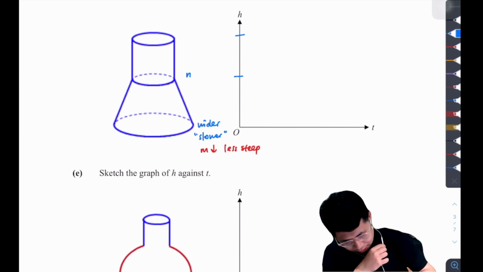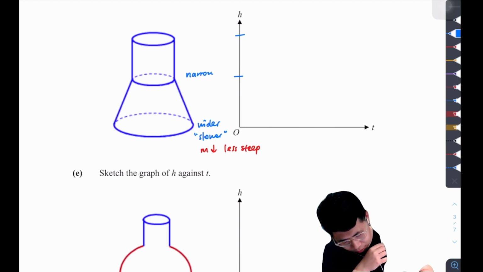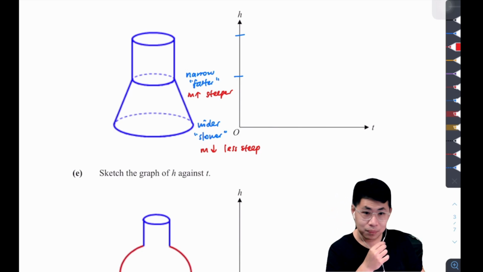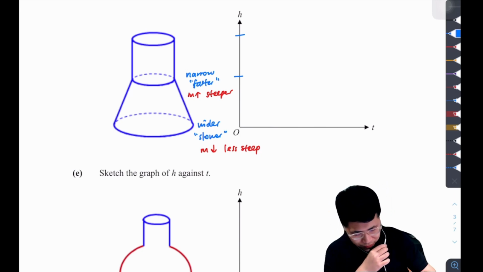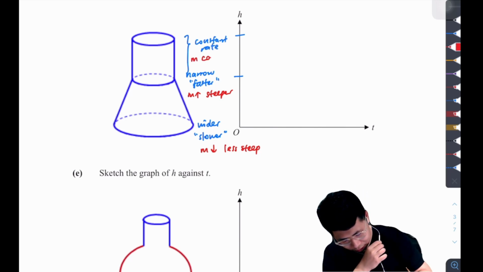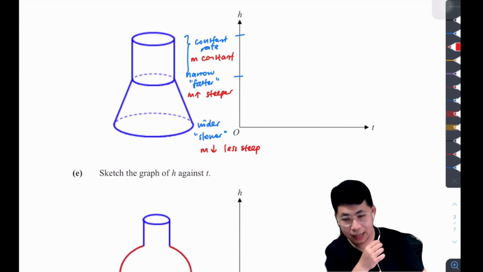This part is narrow, so it's going to fill up faster, so the gradient is going to be higher, steeper. And along this part, because the width is the same, it will fill in at a constant rate, or at least the gradient is constant, so you get a straight line over there.